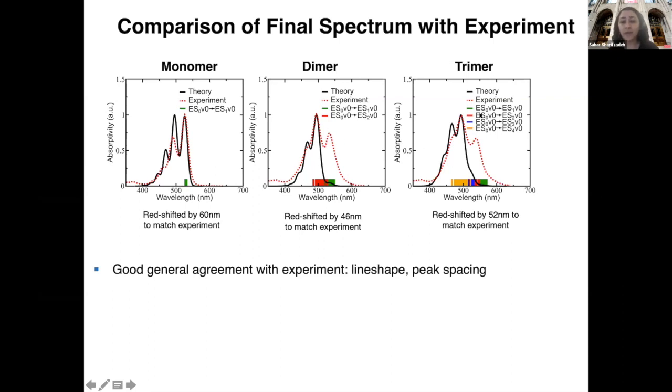For the dimer and trimer, we also get a general agreement of line shape and peak spacing. But at the onset of absorption, we find that the first excited state is dark because we have this H-like stacking, whereas in the experiments, they actually see significant oscillator strength at the onset of absorption.